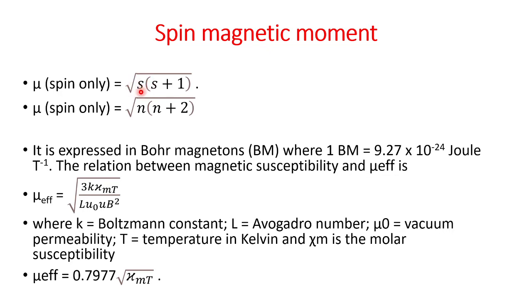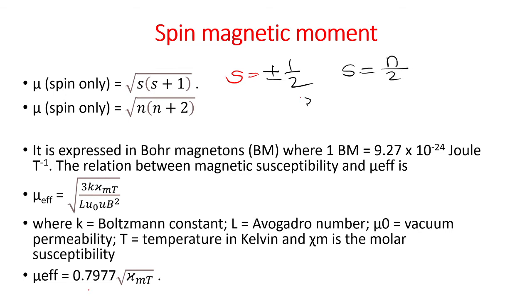In the previous semester we studied the spin quantum number. The s value is plus or minus half. When there are n electrons, the value of s is n by 2, or n into half.